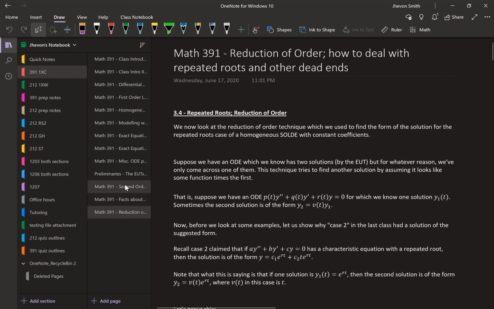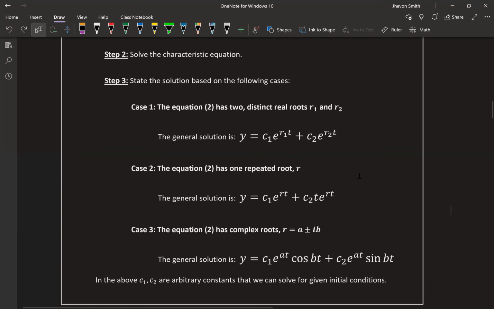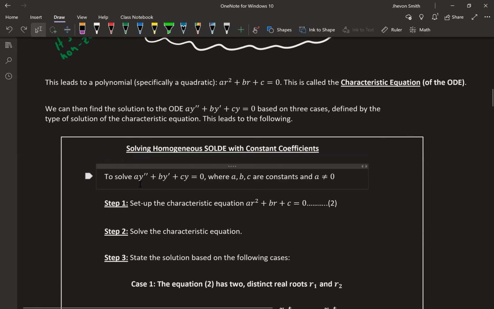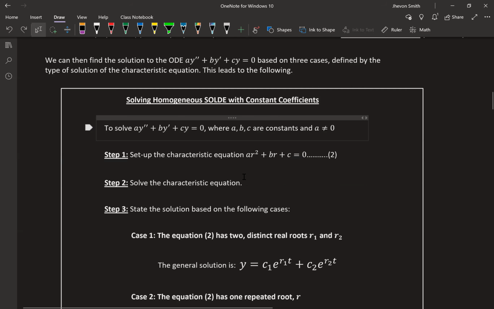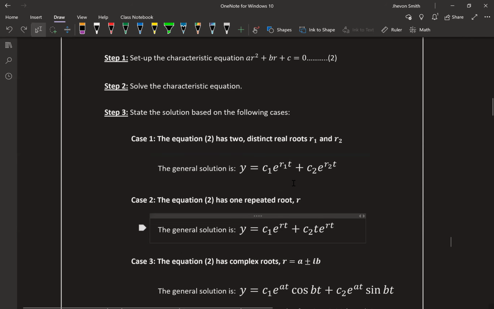So what I would like you to take away from this is that whenever you have an equation like this, and you're in one of these cases, then this answer here represents all possible solutions that could ever exist. So even though we started this whole process with a guess, it turns out that that guess ends up being comprehensive. There is no other possible solution out there, this general solution will cover everything.